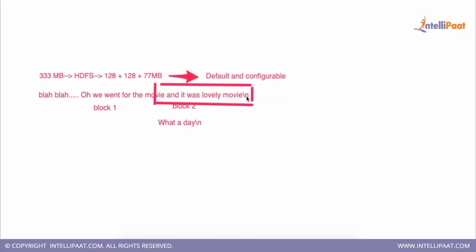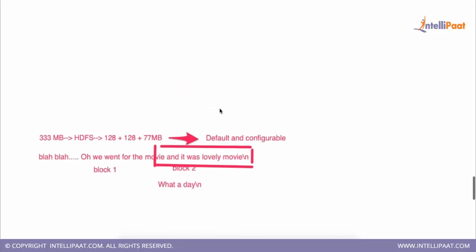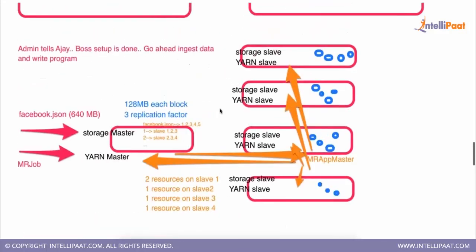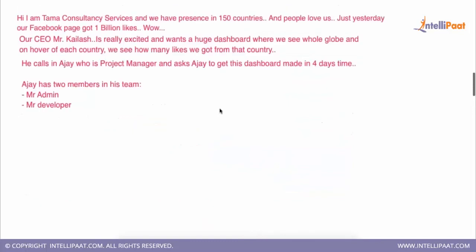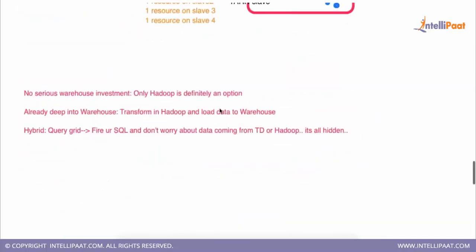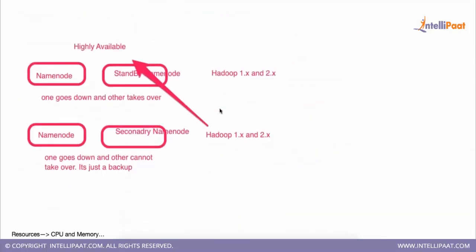How about another secondary name node? Is it the same? It contains the same copy of the primary name node. Can you explain to me? Because in the high availability architecture, you said there is a standby name node.